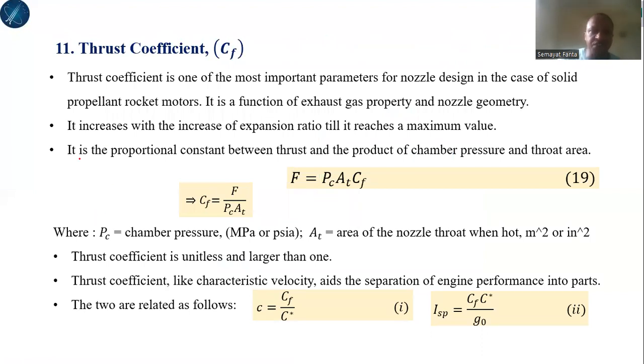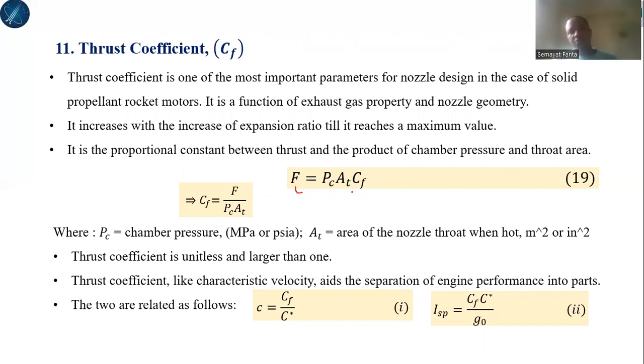Another parameter is the thrust coefficient. It is a very important parameter in the design of a nozzle, because it contains the nozzle parameters like combustion chamber pressure, the throat area, and the thrust itself.